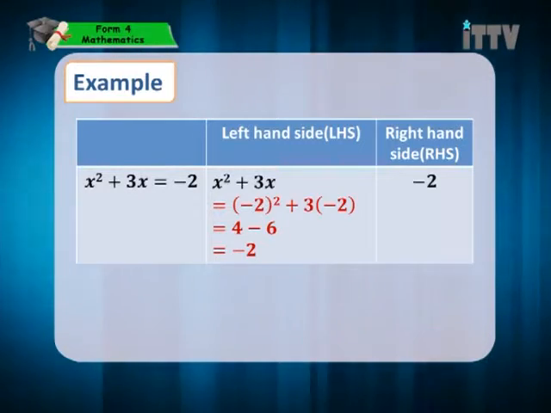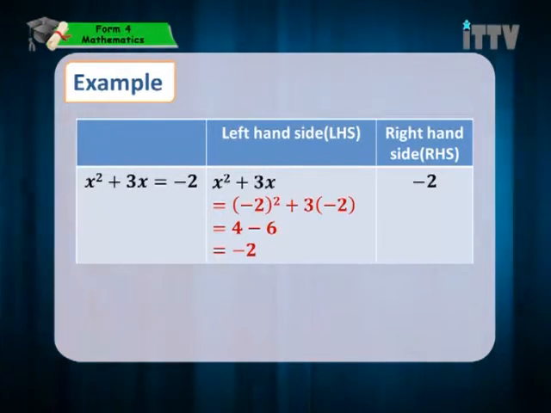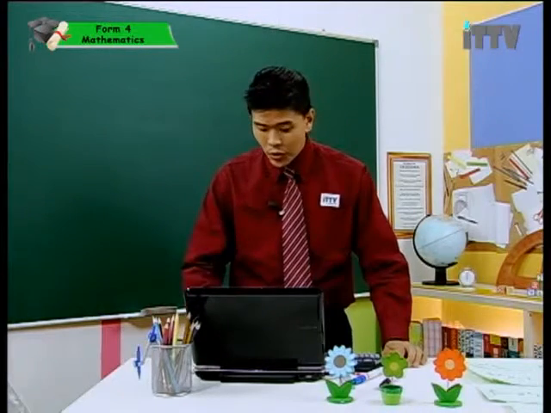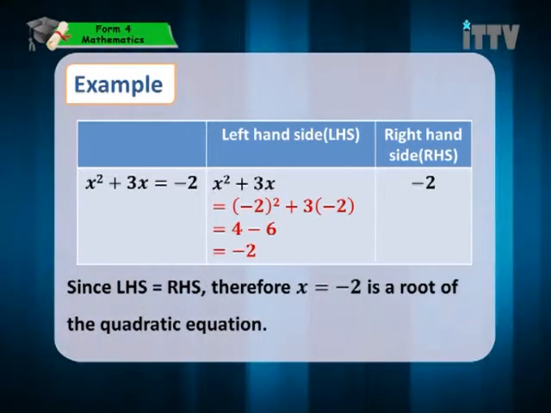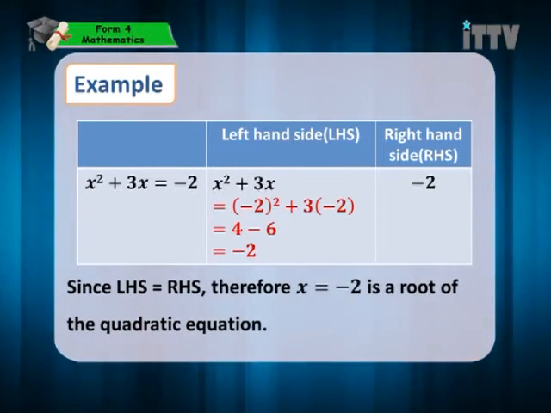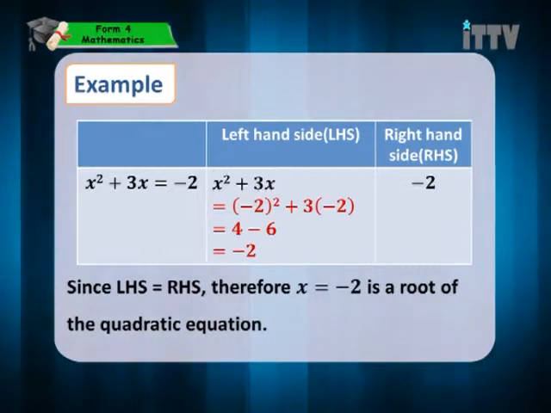And since the value of the left-hand side and the right-hand side is equal, which is negative 2, therefore x equals negative 2 is a root of the quadratic equation.